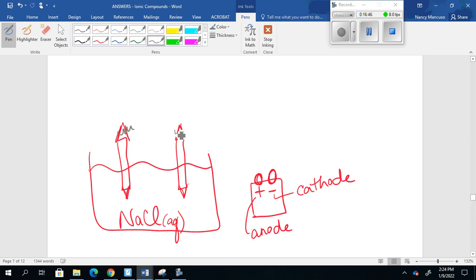We clip this on and we clip this on, and it's connected to a wire, and we clip it onto here. You know those little alligator clips, you pinch them, you attach them, which means that positive charge goes all the way over to here, and the negative charge goes all the way over to here and all the way down to here.